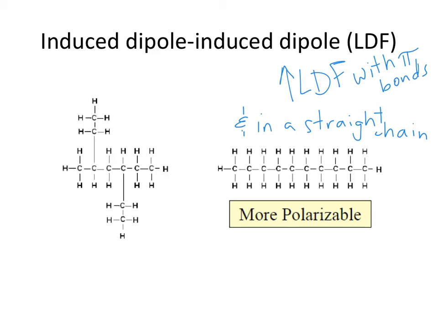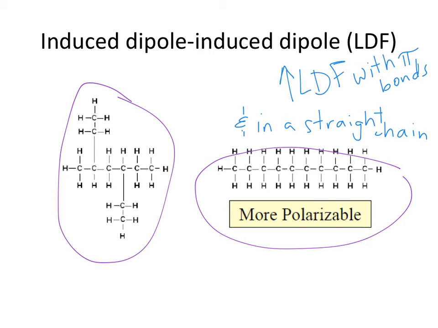This molecule to the right is more polarizable because it allows other molecules to get closer to it and it can intertwine. If you were to take the time to count, the molecule on the left and right have the same number of carbons and the same number of hydrogens, but the molecule on the right has a greater boiling point, stronger intermolecular forces, because it can interact with other molecules of the same type better. It's less spherical and more in a line.